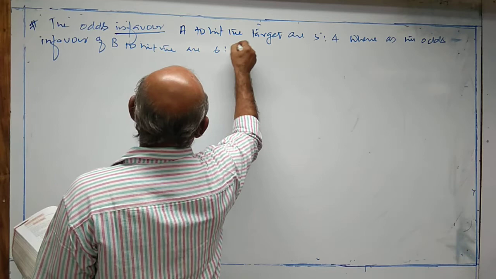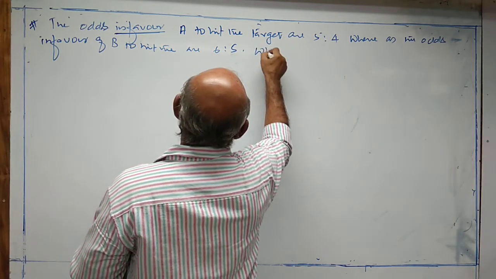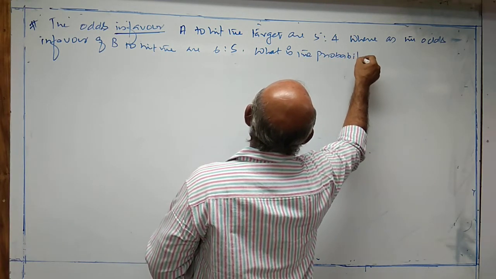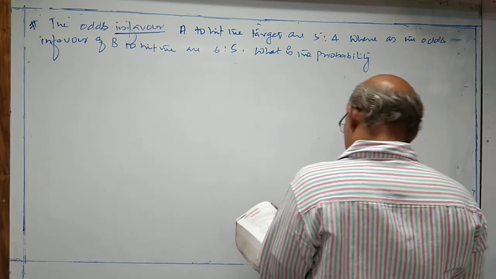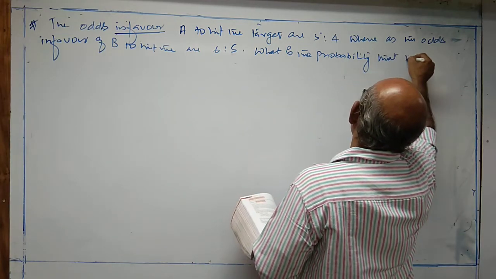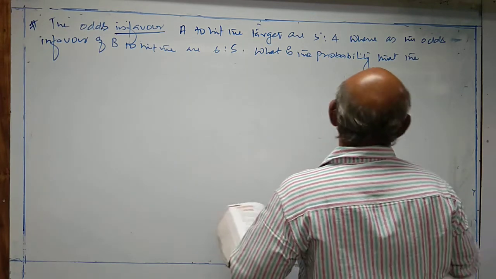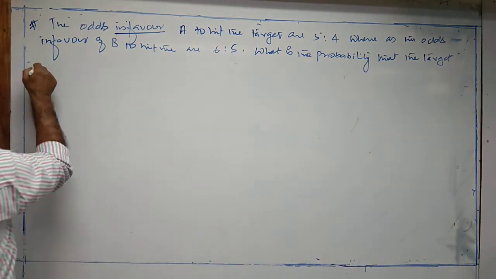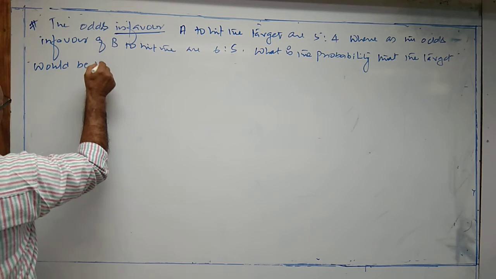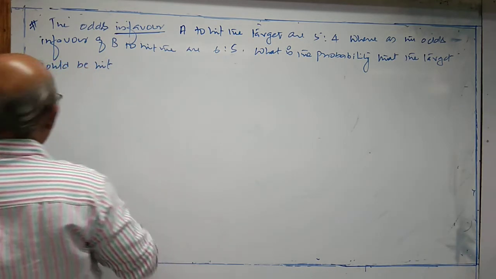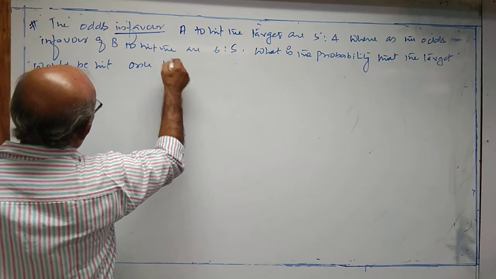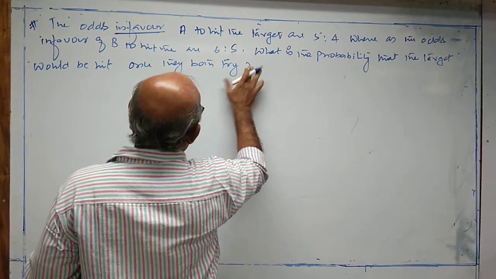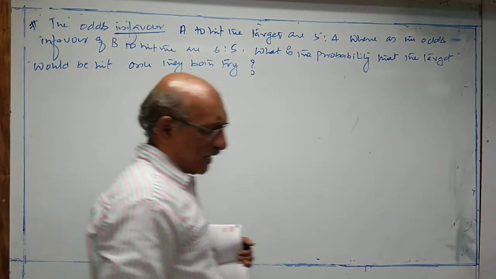Sorry, 6:5. What is the probability that the target would be hit? The target would be hit once they both try.